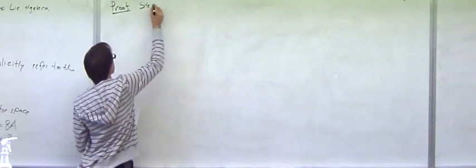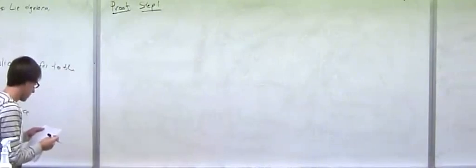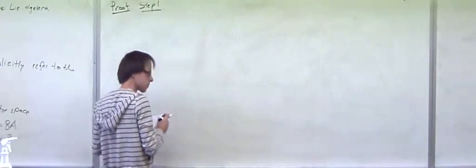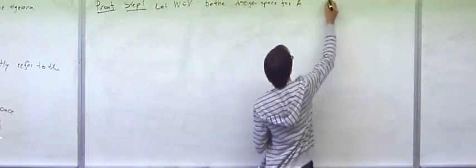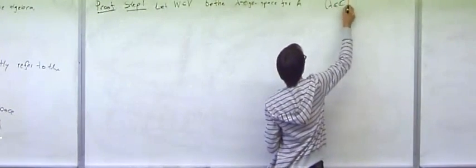So the first step is the following. I fix a vector subspace W, namely the lambda eigenspace for A. Lambda is any complex number.